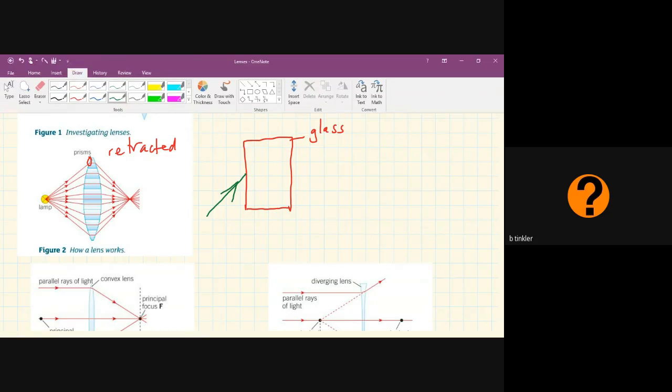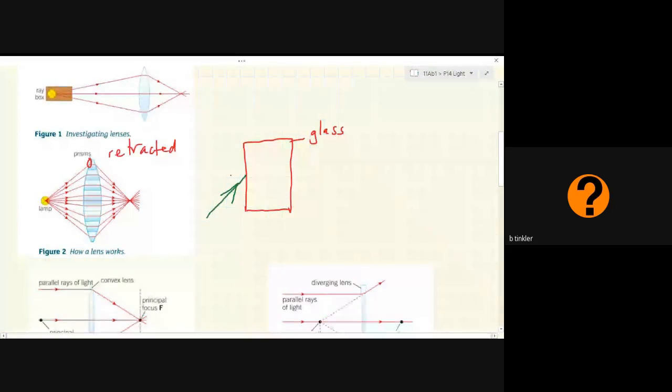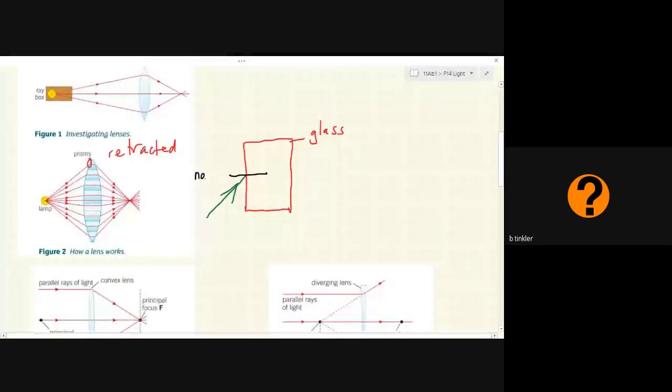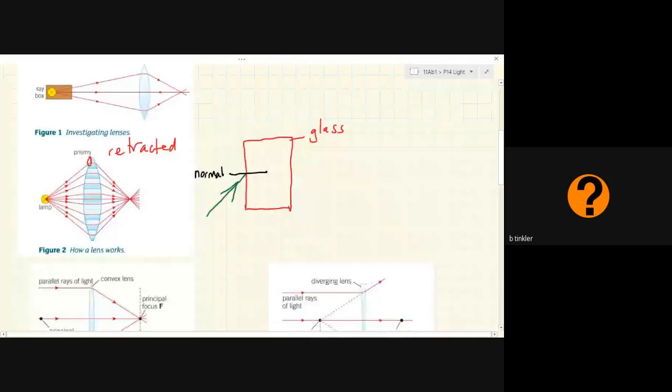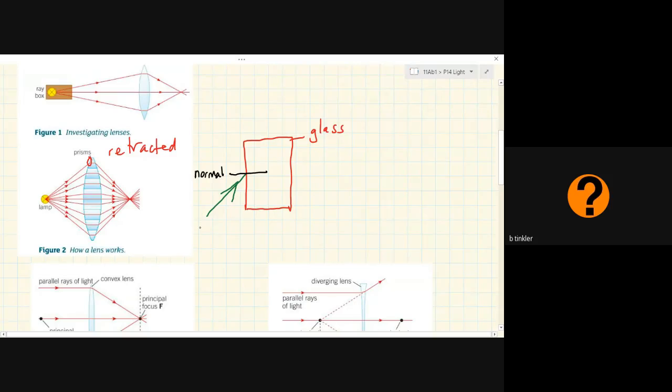Remember, when we're doing anything about these optics, we always say what is happening to the angle relative to a line at right angles to the surface, which we call a normal. So this imaginary normal line is going to allow us to describe what happens during refraction.